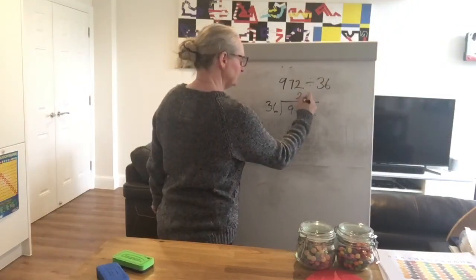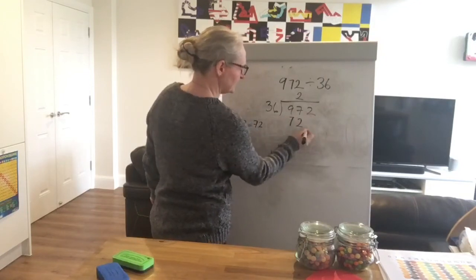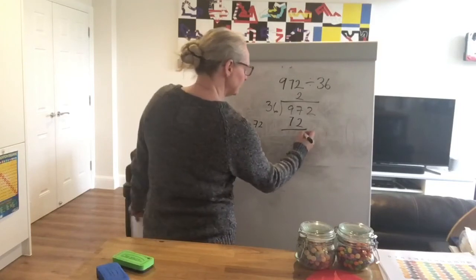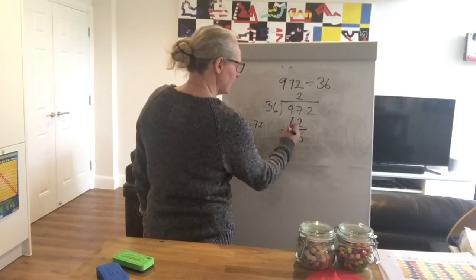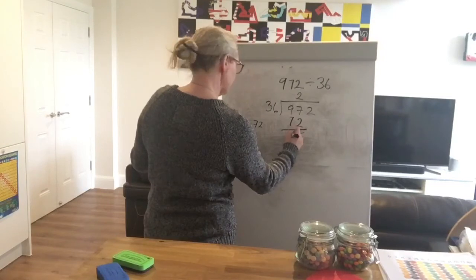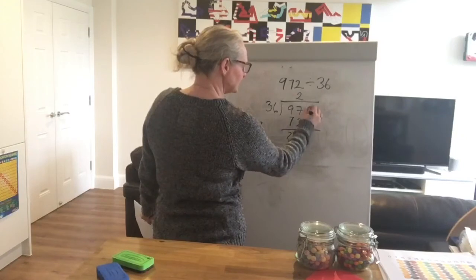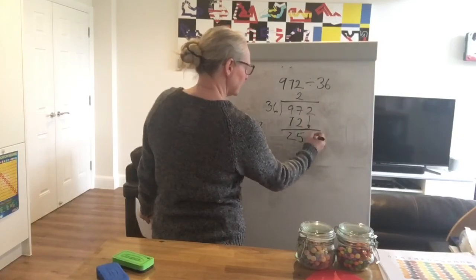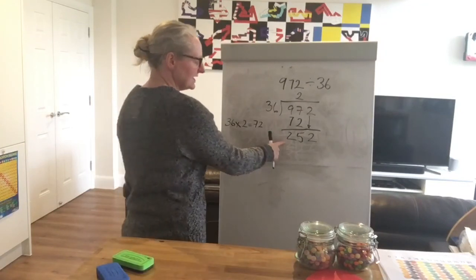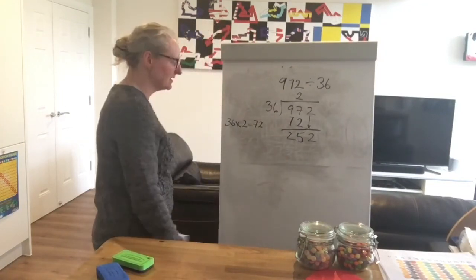What I do is multiply it back, put it underneath and take it off. So I do my subtraction and I get 25. Then I take down my next number, and what I actually say is 36 into 252 goes how many times?